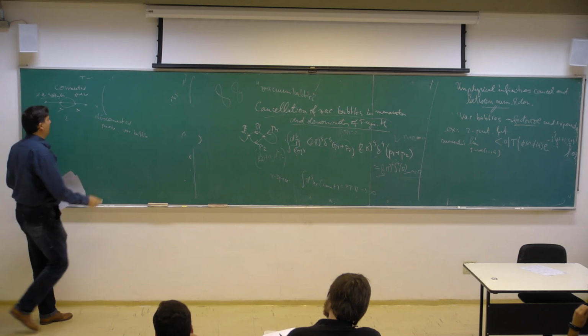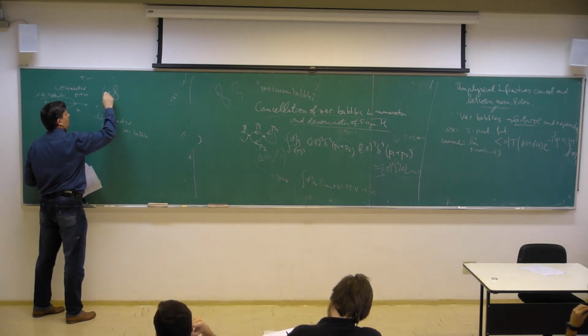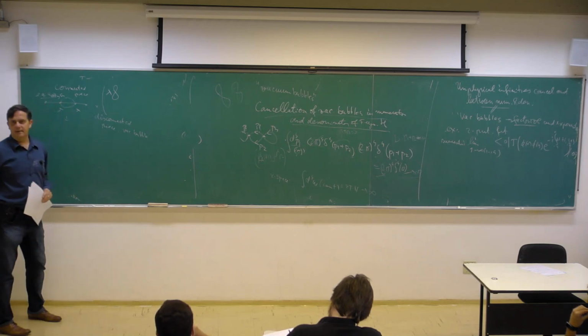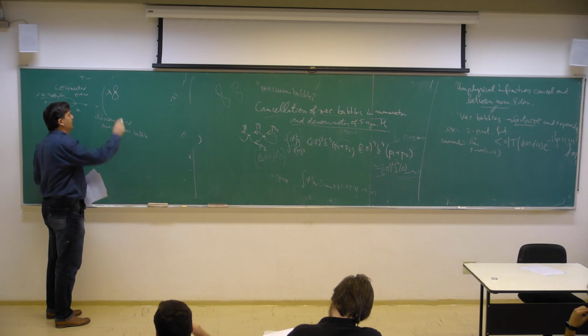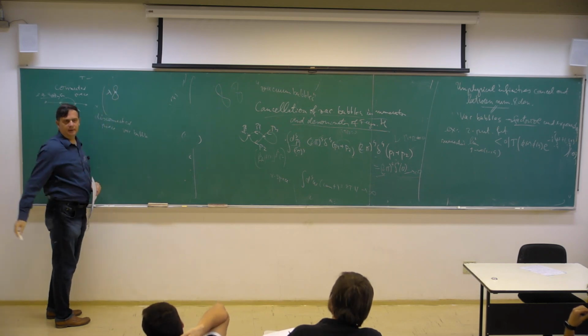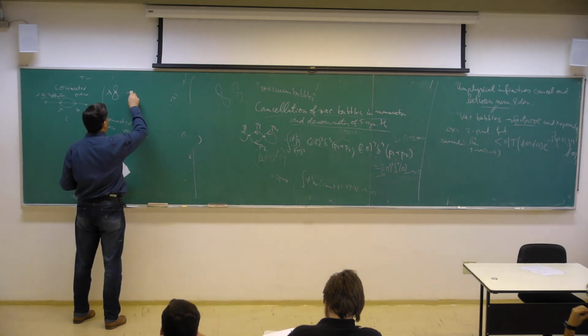So at order lambda, I can have this: one external point, and then a self-connection.